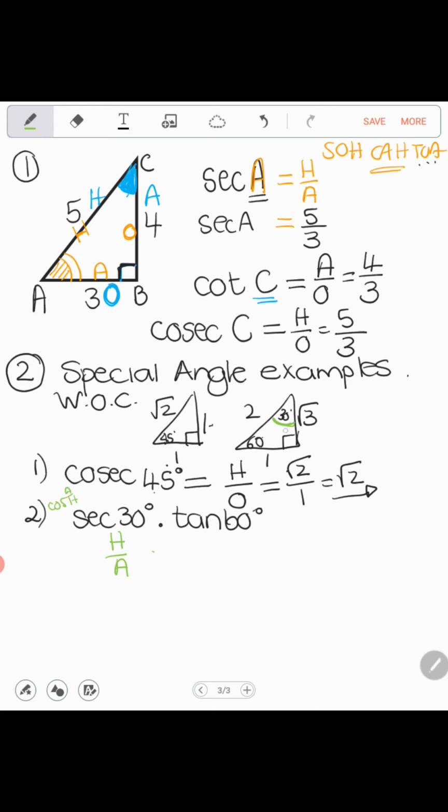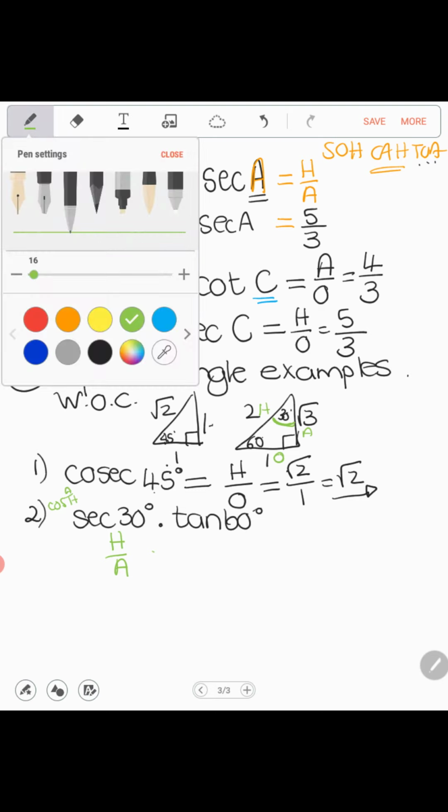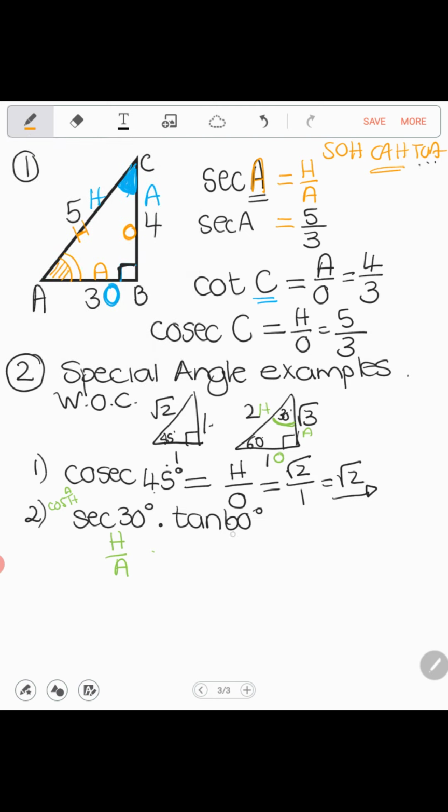There's my 30 degrees. So this is hypotenuse, adjacent, and opposite for 30. Whereas tan is dealing with a 60-degree angle. TOA, tan is opposite over adjacent, and I'm multiplying these two together. Okay, so for the orange one, for 60, this side would be opposite, this side would be adjacent, and obviously the 2 would still be the hypotenuse.